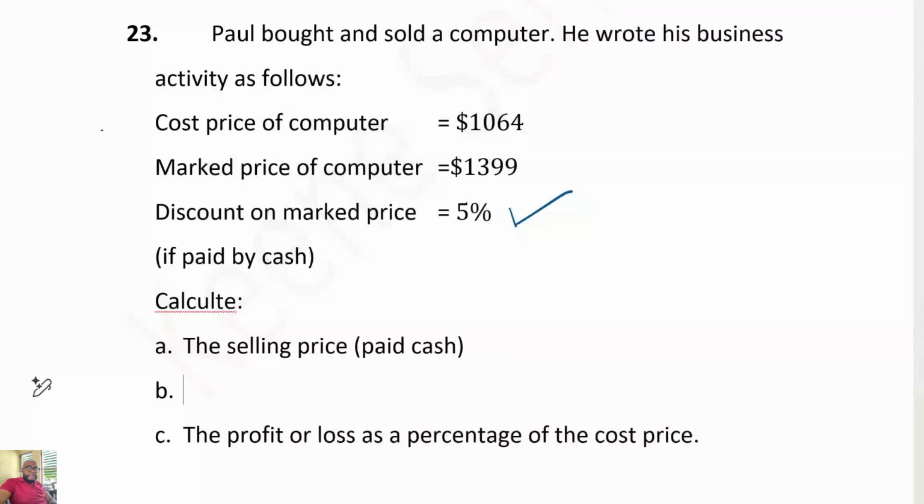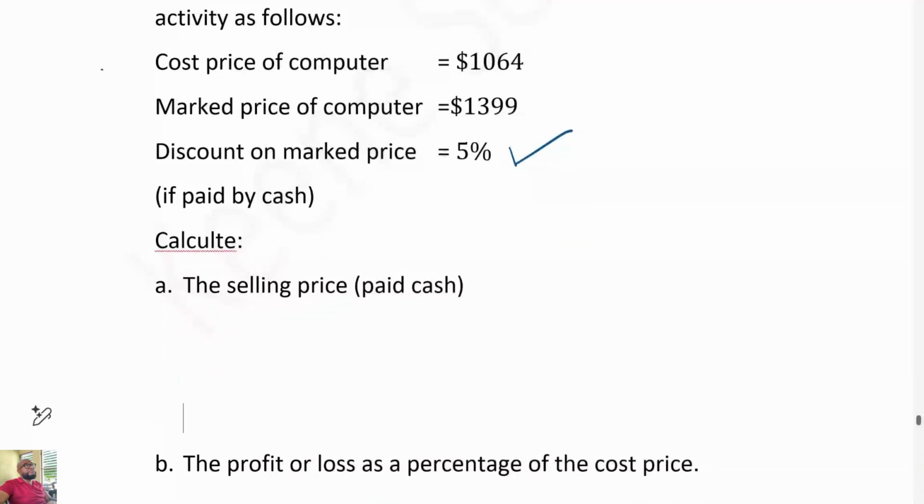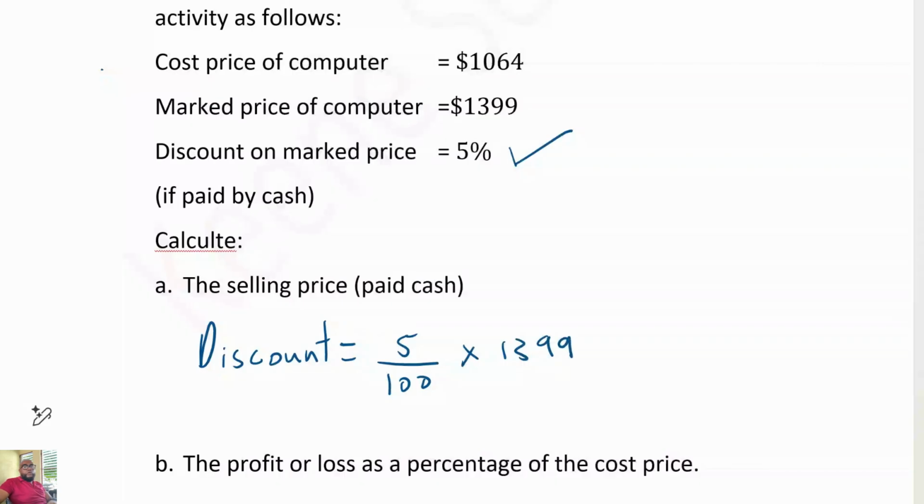So, we know the marked up price. Everybody agrees? We must find the discount on the marked up price. How much is the discount on the marked up price? So discount would be equal to 5 over 100, which is 5%, of $1,399. What does this work out to be?